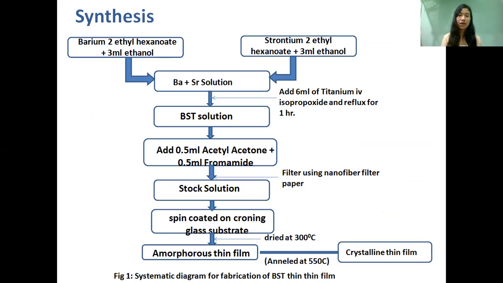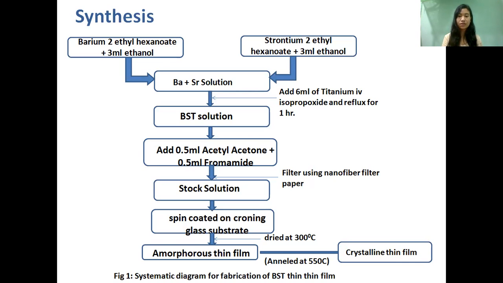In this solution, we add 6 ml of titanium isopropoxide and reflux for 1 hour to form barium strontium titanate solution. Later, we add 0.5 acetylacetone and 0.5 formamide to control pyrolysis, and the solution is later filtered using a nanofiber filter paper to form the stock solution.